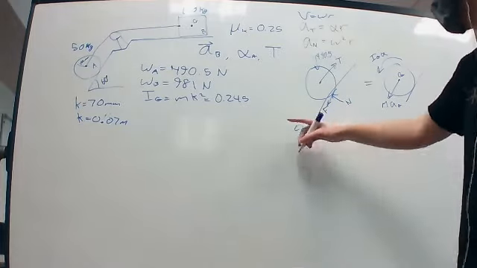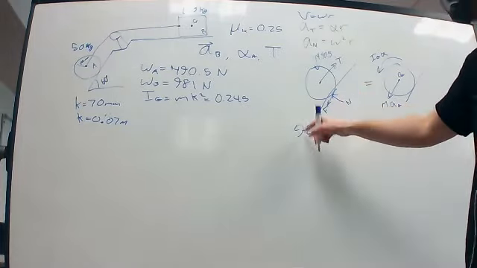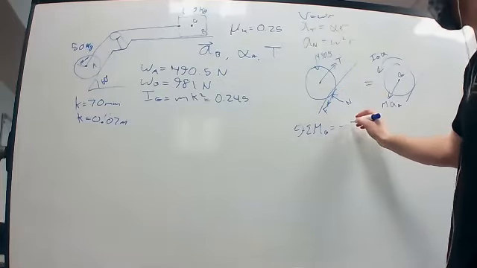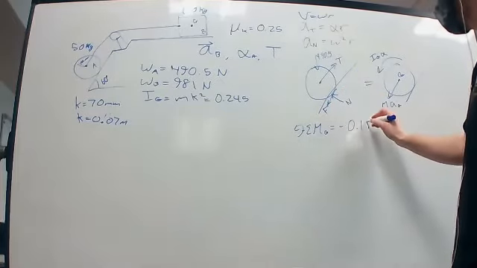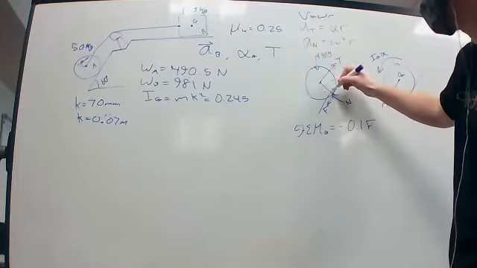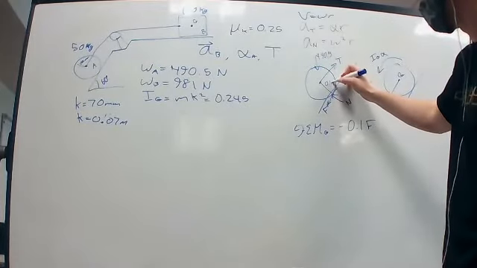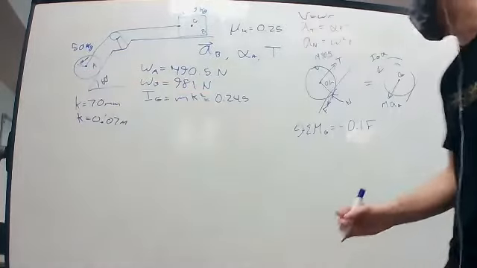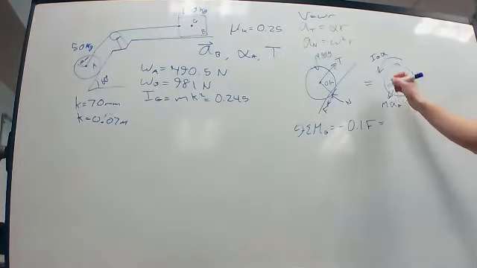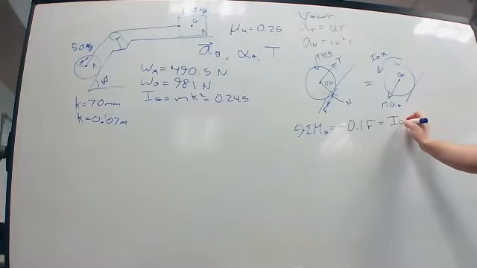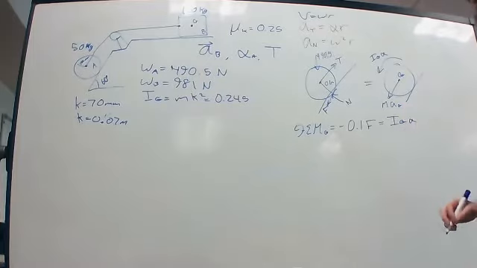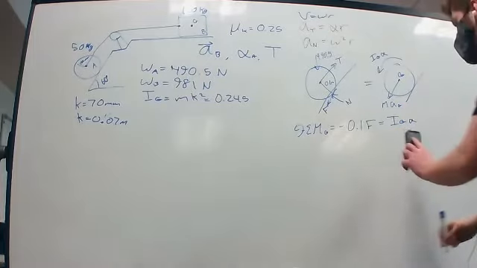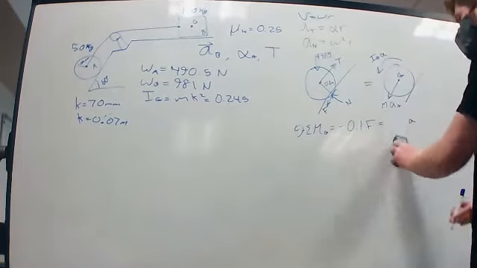Since we're going counterclockwise and we assume friction this way, we're going to have minus 0.1 F. We say 0.1 because this distance here is 0.1 meters, given to us as 100 millimeters. That's going to be equal to IG alpha, where we can replace IG with the value that we solved for at the beginning.